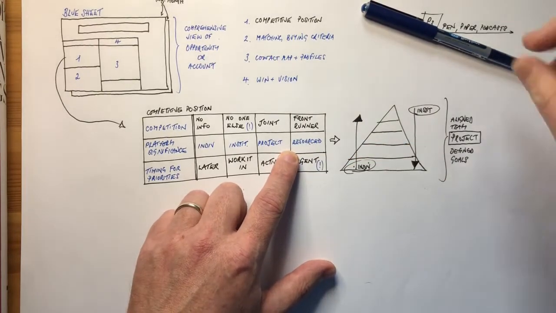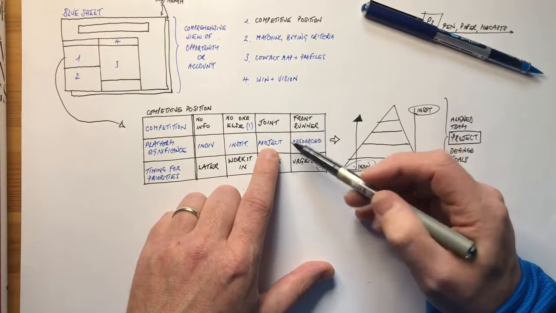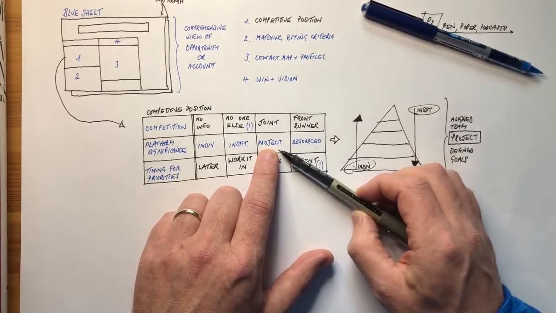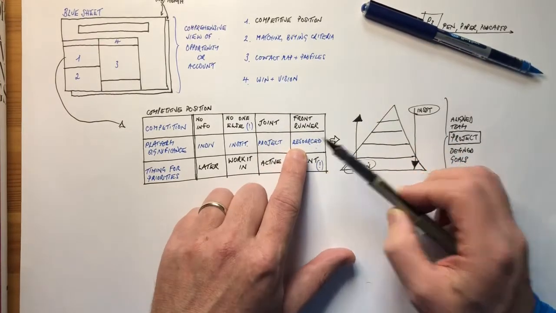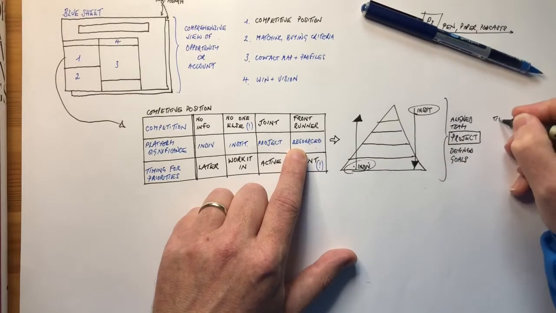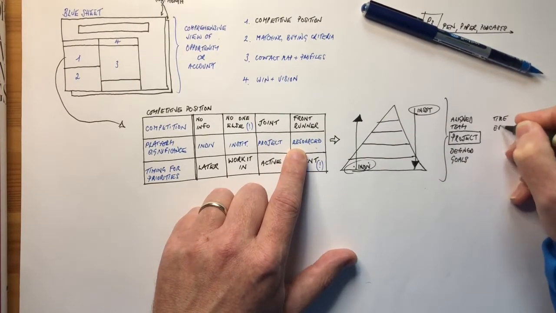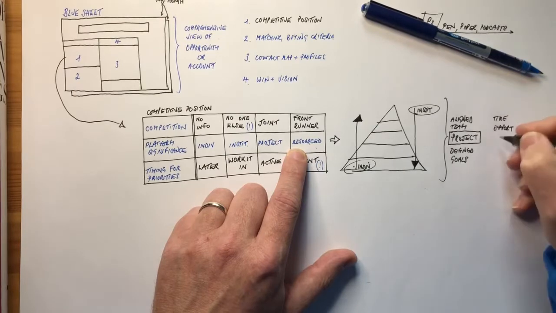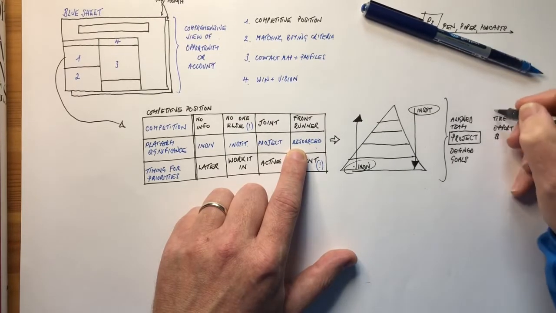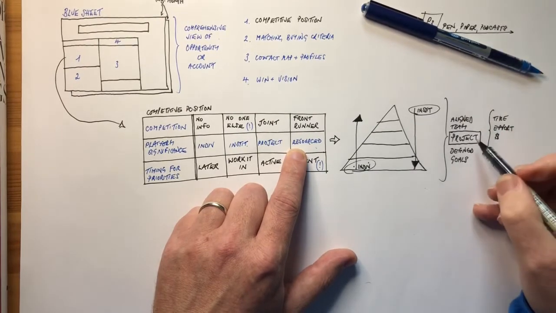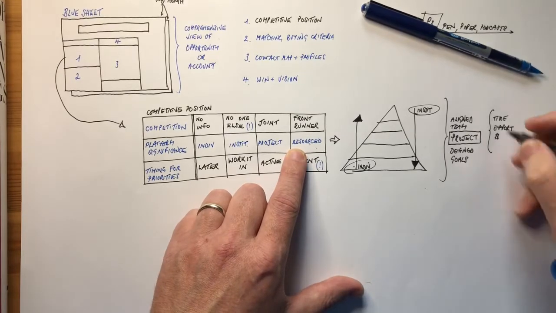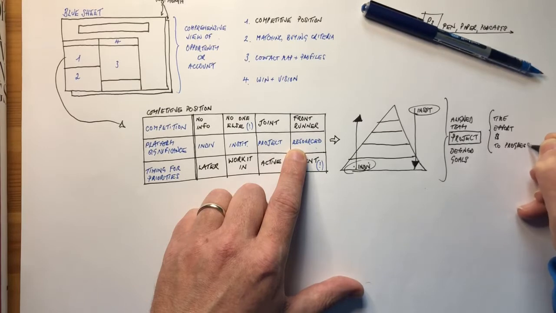Now, a resourced project is different from just a project, because a resourced project means that time, effort, and sometimes even money has been assigned to the project for it to progress. So what that means is you've got legal engaged.